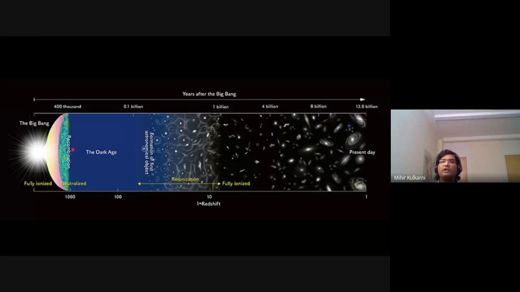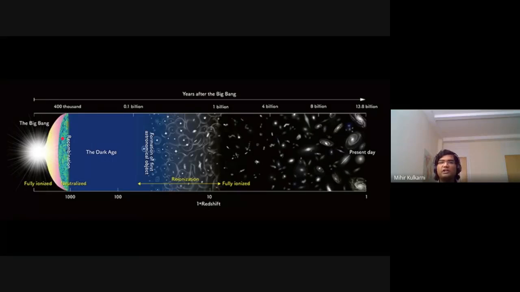And the radiation emitted at that time can be seen even today as the cosmic microwave background radiation. And after this period, there was no new source of light, which is why this era is also called the dark ages. That is, the only light there was was what was emitted from the recombination era.